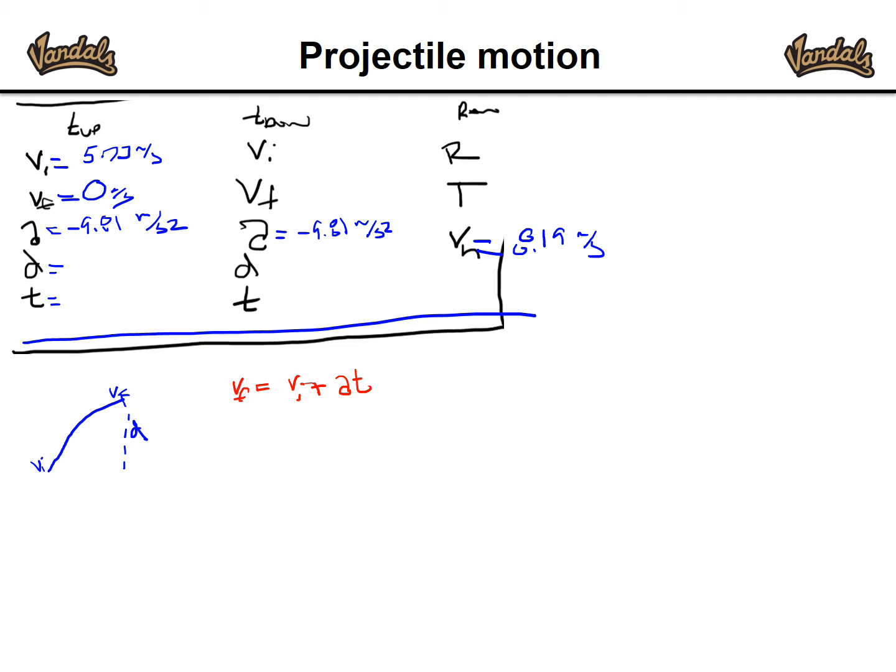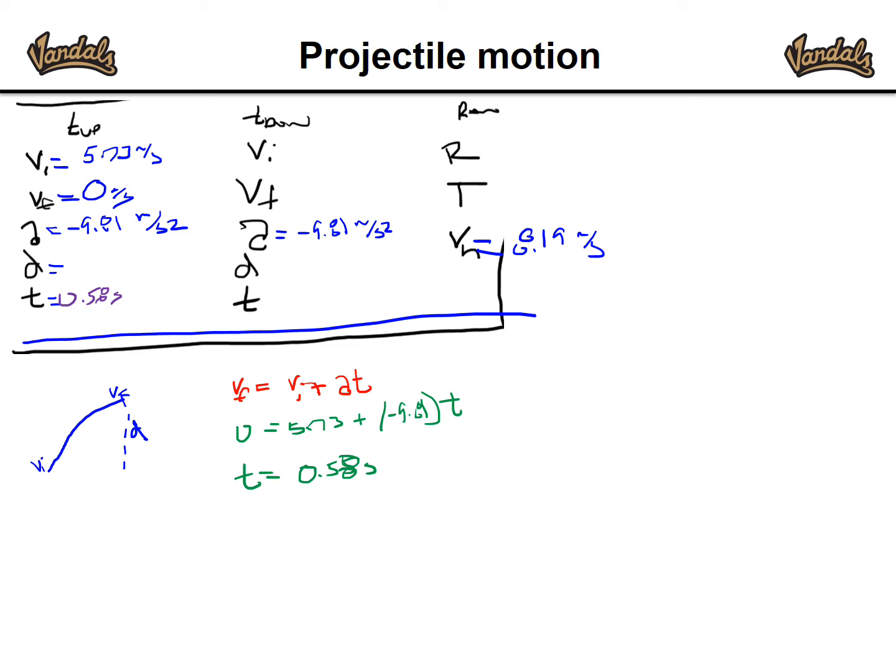I know VF is 0, and VI is 5.73 plus negative 9.81 T. If you just rearrange everything, T equals 0.58 seconds. So at this point, I can come back up top and put that into my T, 0.58 seconds.